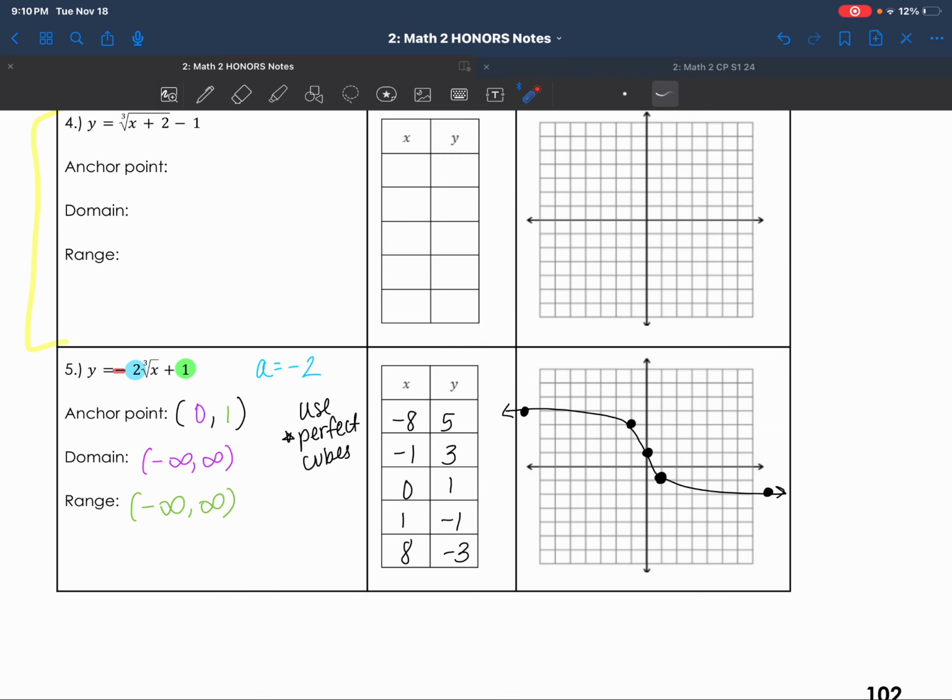If you notice, it went a different direction. All right, so go ahead, plot your points, and you notice those points are a little more spread out because a is -2 and it's flipped.